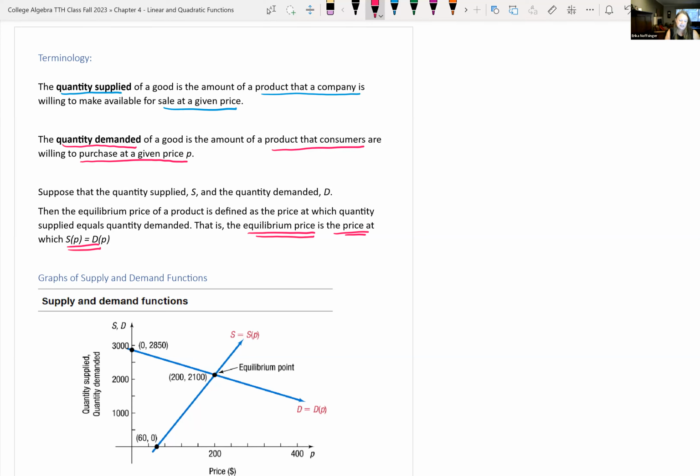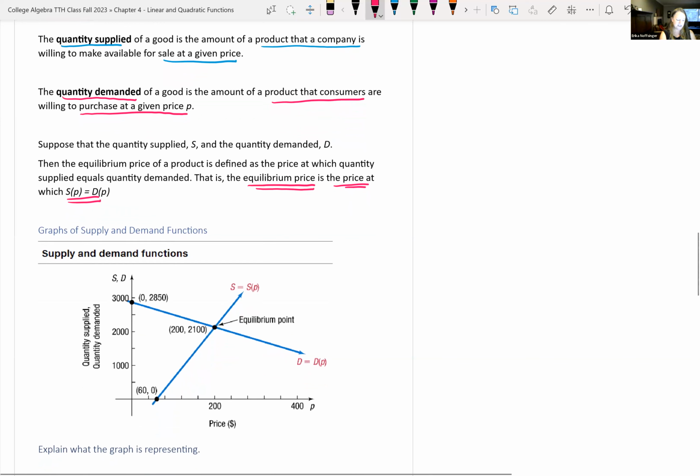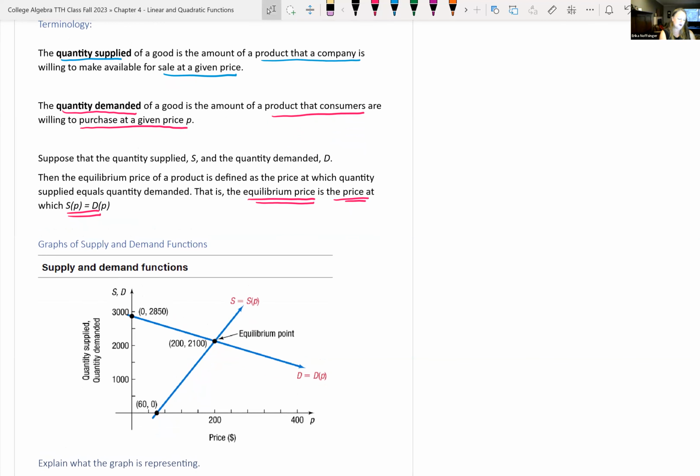So here's an example of a graph where we have a supply and a demand function. The price is the independent variable, and the quantity supplied and quantity demanded are the dependent variables, on our y-axis.